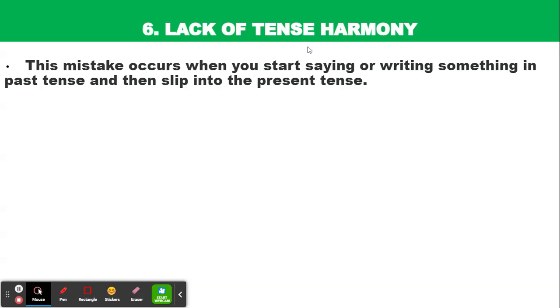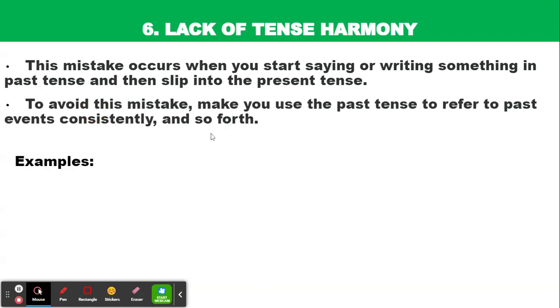If you browse through the channel, you will find videos I uploaded giving detailed explanation about the rules that govern sequence of tenses. So this mistake occurs when you start saying or writing something in the past tense in the first clause, then slip into the present tense in another clause, for example.